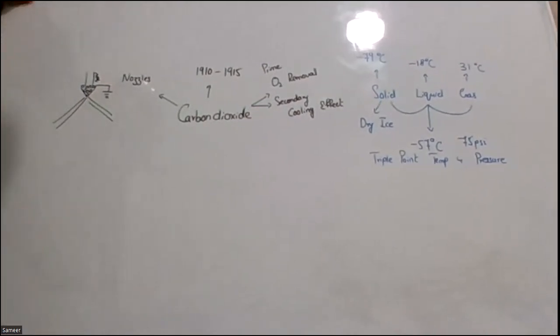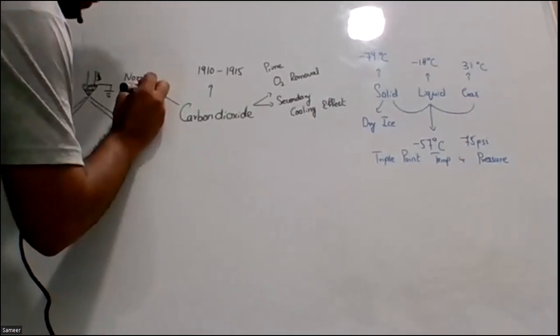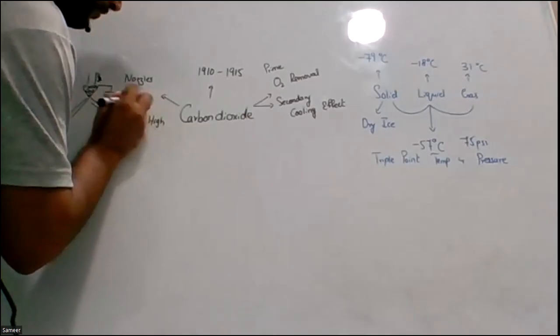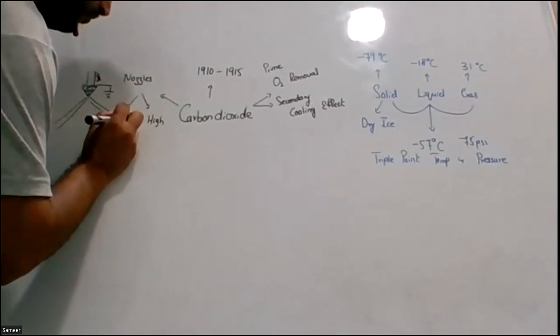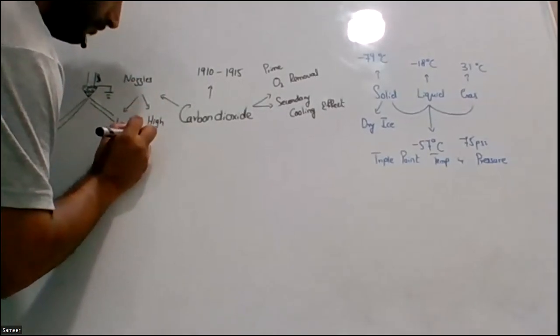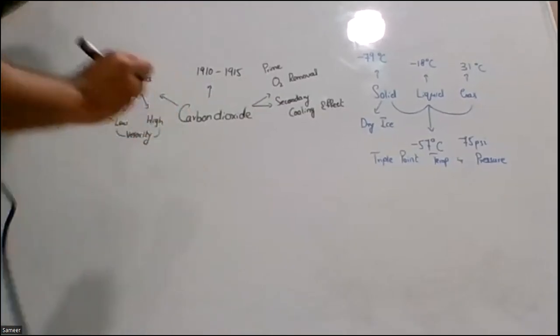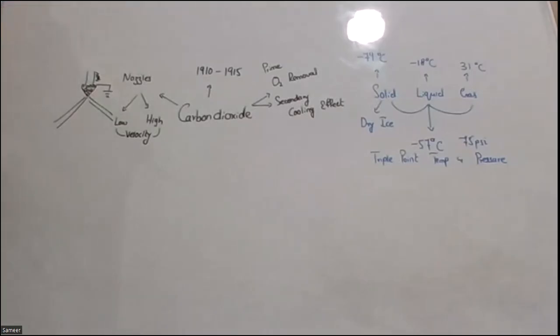Nozzles can be categorized into two types: either high velocity nozzles or low velocity nozzles.